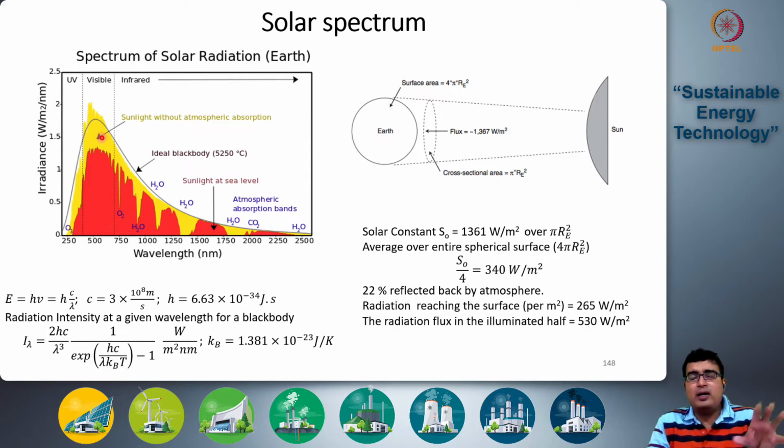The yellow zone is the one that is being absorbed by the atmosphere, so it does not reach the Earth's surface. And the red zone is the one that is hitting the Earth's surface proper. Note, however, that the Earth's surface gets heated, and so it also has a diffuse emission.